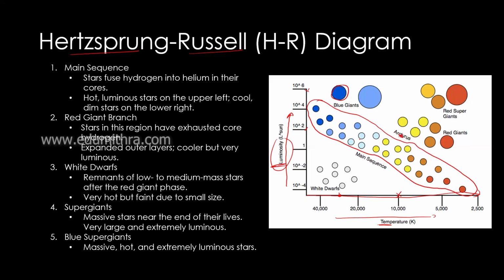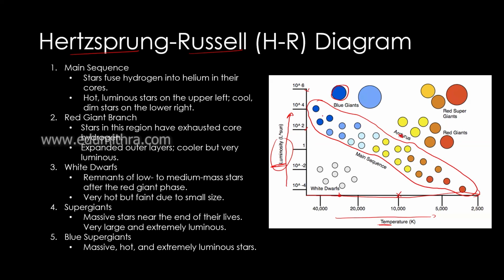Also, they see that almost all the stars belong to this phase. That means out of the total population of stars, this is where the stars spend most of their time. That is why you can see that it is highly populated in this region.